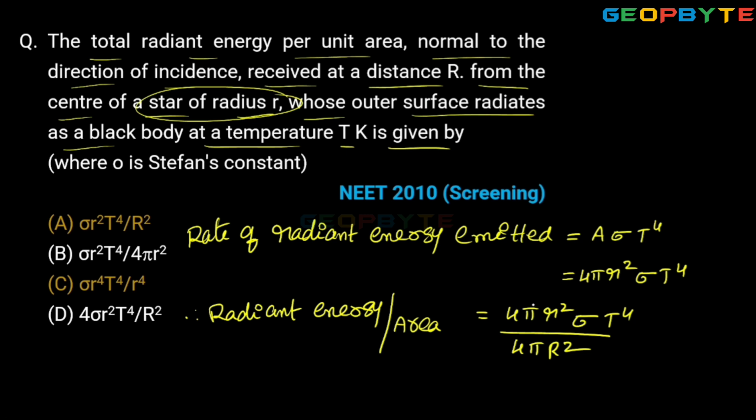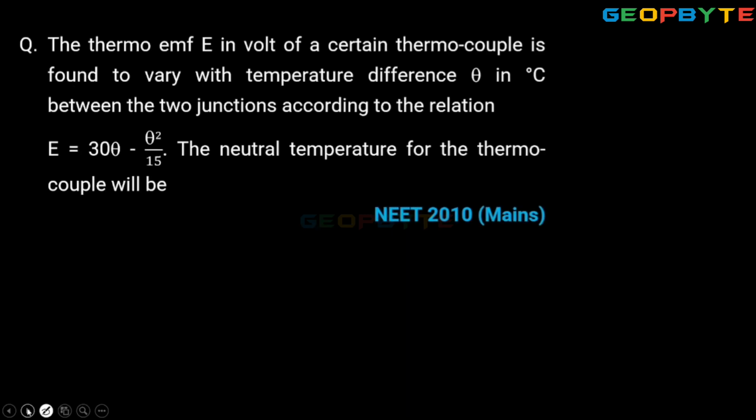Here 4 pi cancels. Finally, it is r square sigma T power 4 by capital R square. That is the answer. Look at option A. Option A is absolutely correct. Understood clearly? Simple problem. Similarly, let us take another important problem.